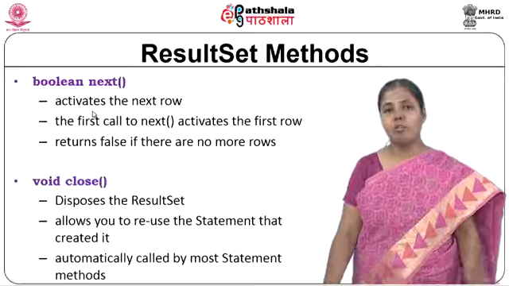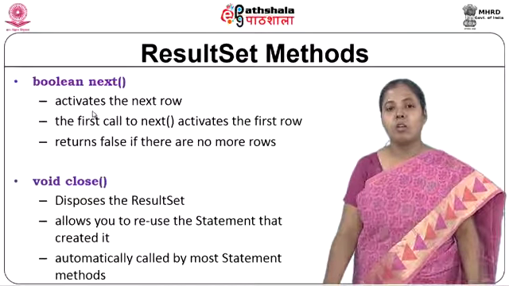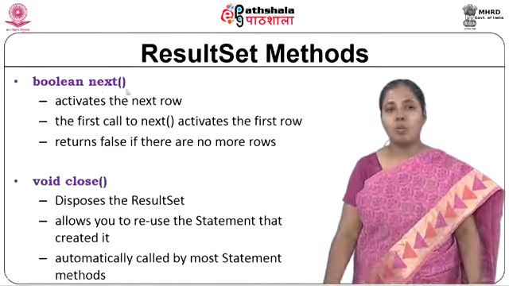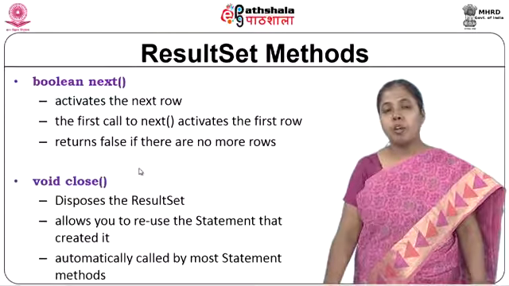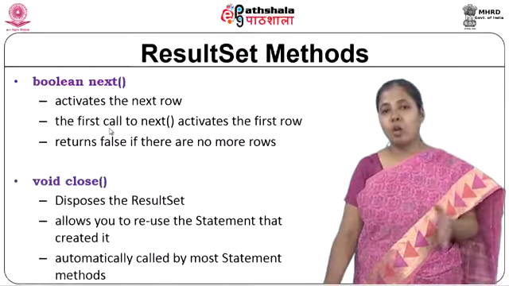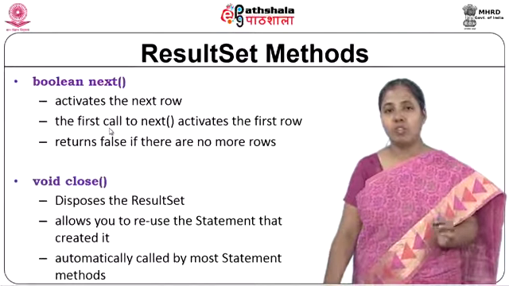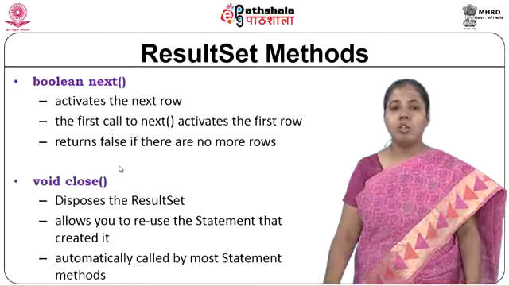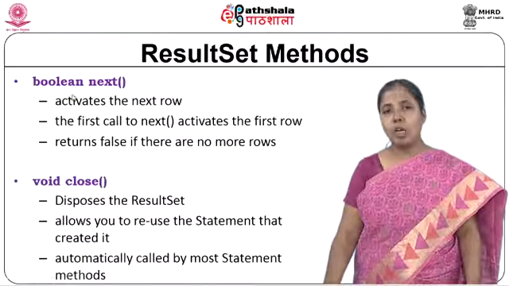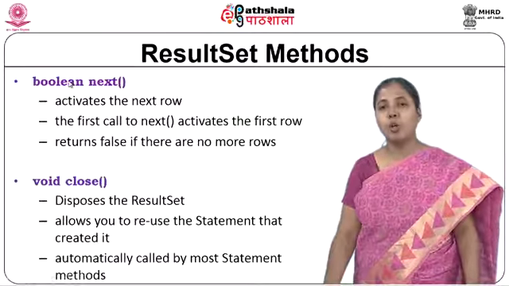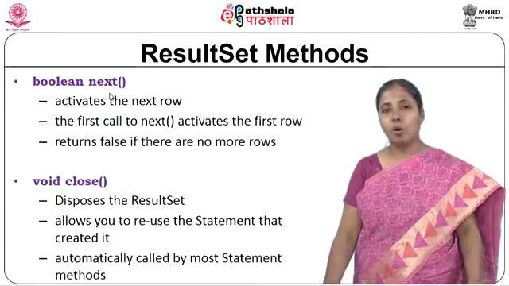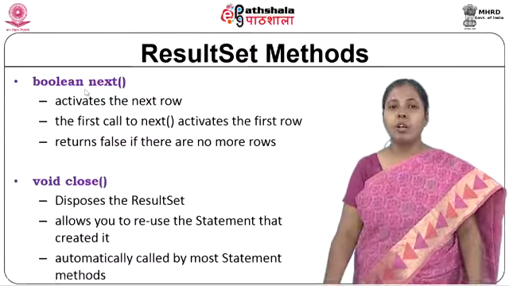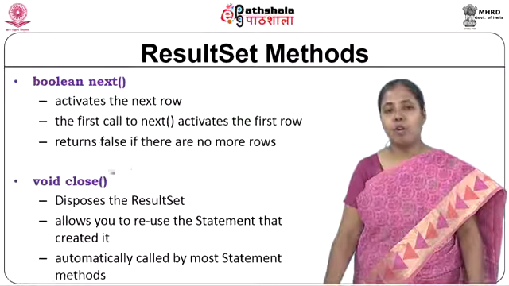The next method activates the next row, and the first call to next would actually activate the first row. It returns a boolean value, true or false, and false is returned if there are no more rows. So it keeps the cursor reading record by record, and once all the records are read, the next method returns a false value.